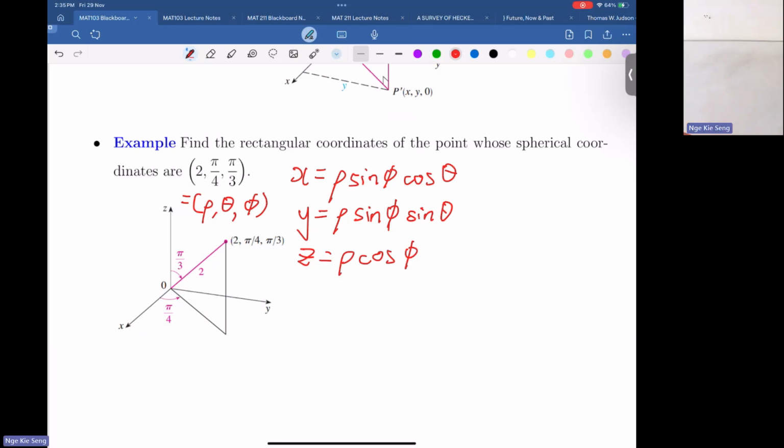Anyone computed x, y, and z? Everyone computed 4? How about the next one? Same. Why did I compute 2, 1, 2 or 4?